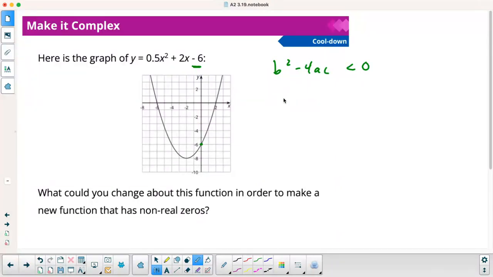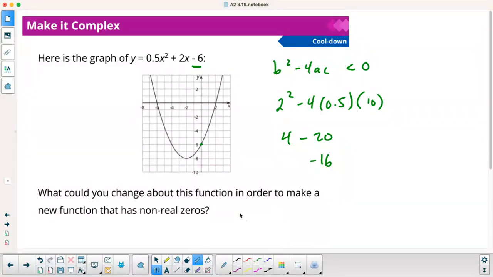So right now we've got 2 squared minus 4 times 0.5 times, we need this number, negative times a positive times another positive would be negative. So we need to make this number bigger. Maybe make it like 10 or something. See what happens here. So I get 4 minus 20. That gives me a number that's less than 0, negative 16.